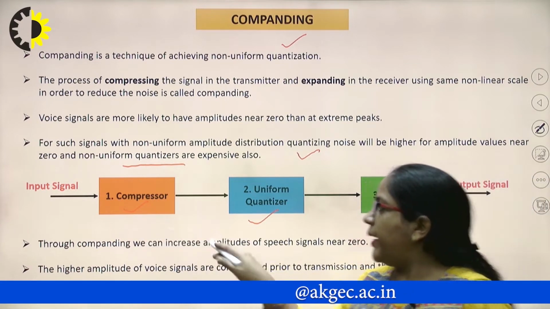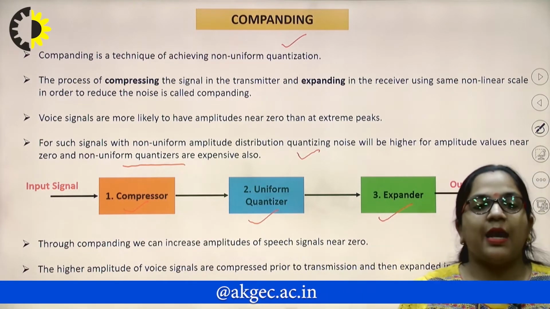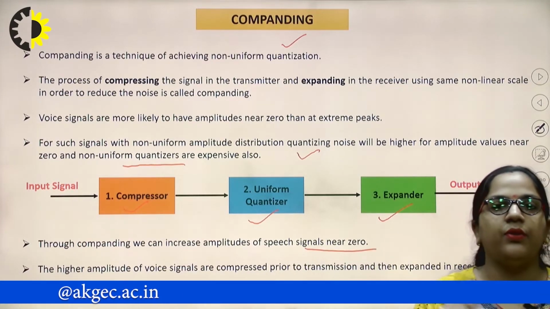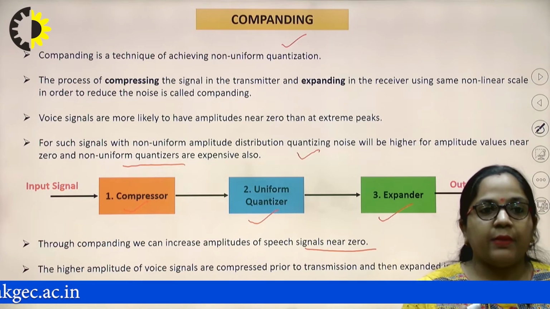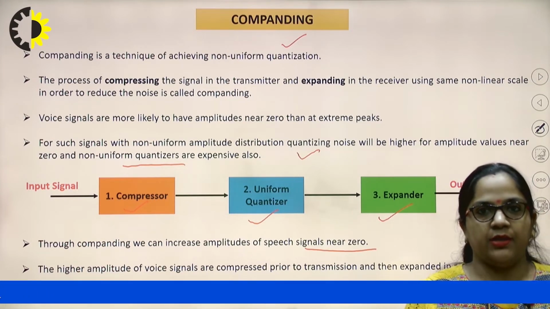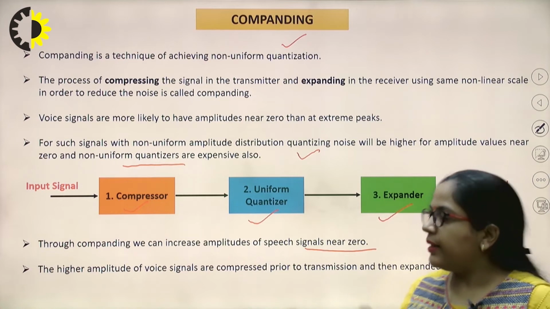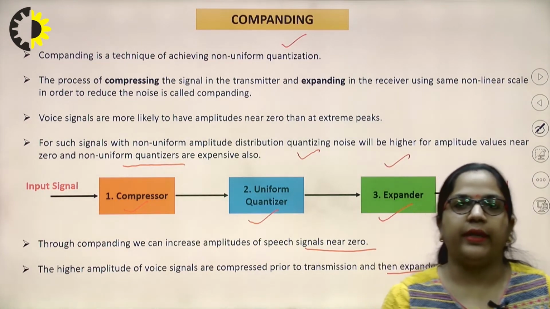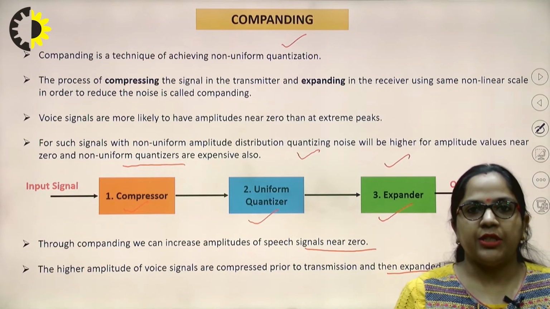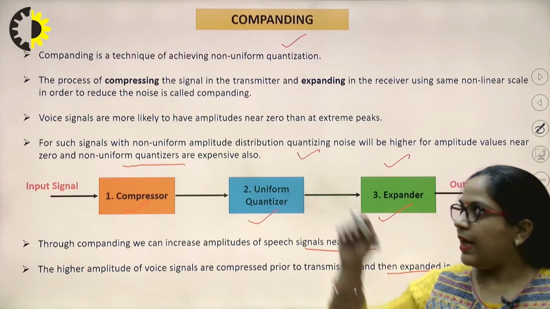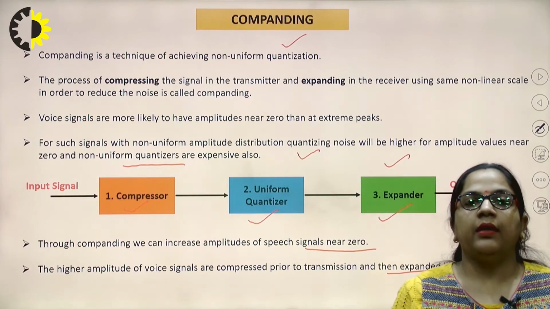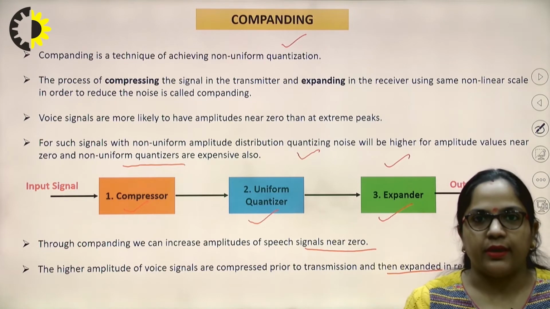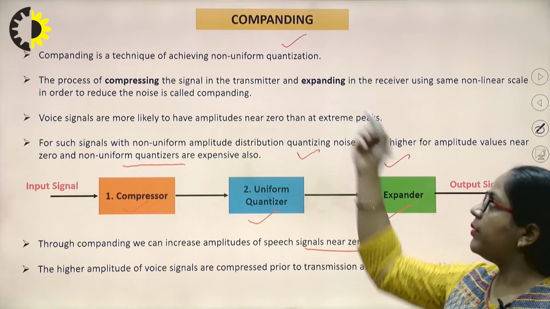So, through companding, we can increase the amplitude of speech signals near the 0 level. The higher amplitudes of the voice signals are compressed prior to transmission, and then they are expanded in the receiver. In this way, we get the digitization of the input signal with the help of the companding technique at lesser cost in comparison to a non-uniform quantizer.